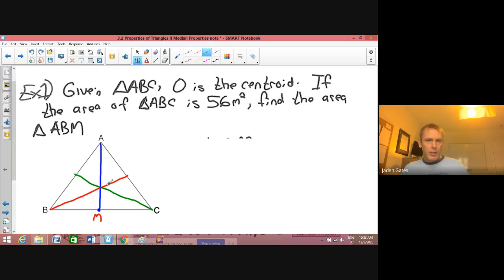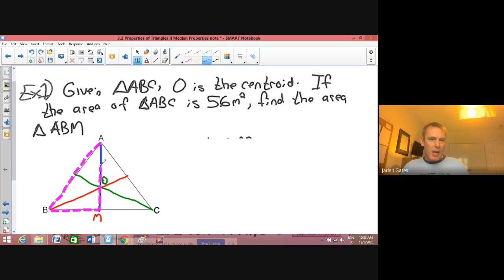There we go. And so our centroid is right here, again, called point O. And it's saying the area of this entire triangle is 56 meters squared. And what we're looking for is the area of the triangle ABM, the pink triangle.